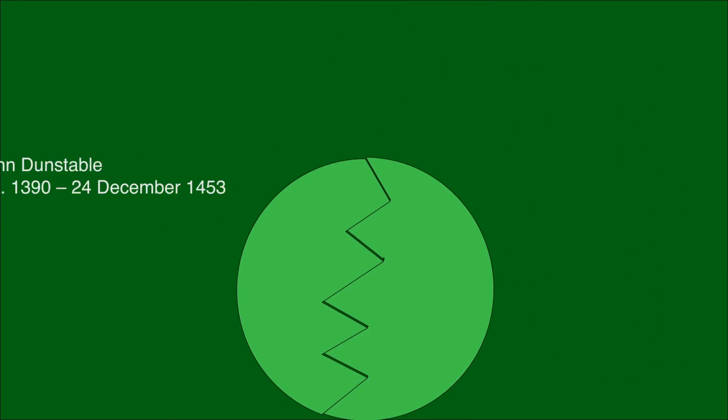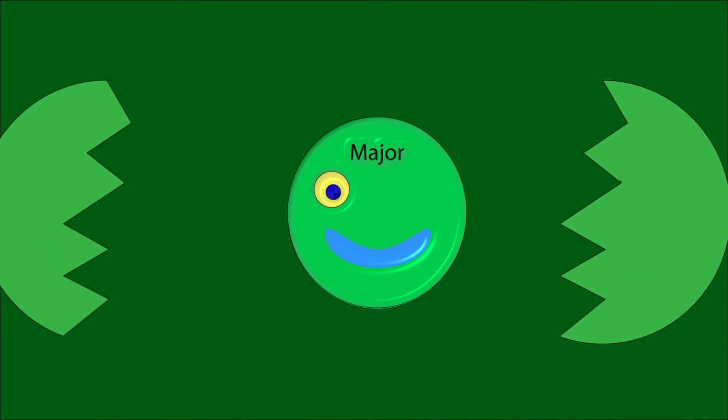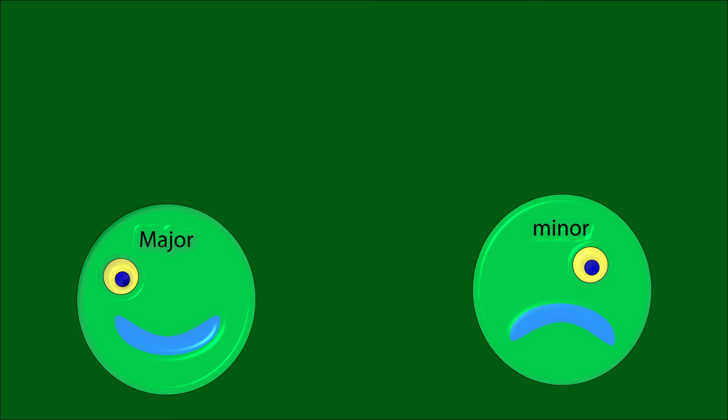Around the 14th century, the English composer named John Dunstable introduced the imperfect third. Whoa, imperfect, okay. Why was it imperfect? Well, because compared to the perfect fourth and the perfect fifth, which the people thought of as godly and perfect, it had 2 versions, major and minor.